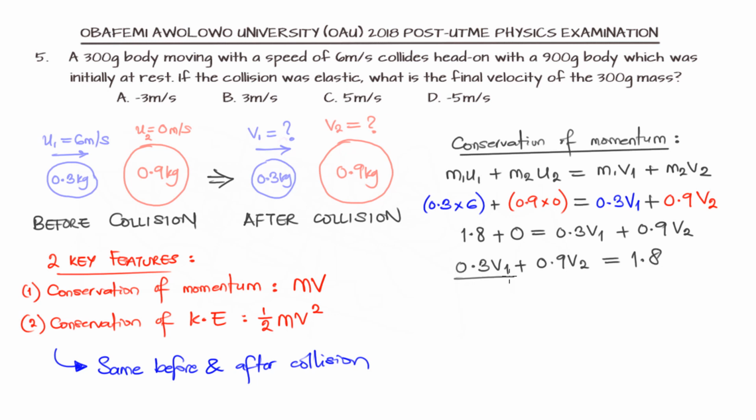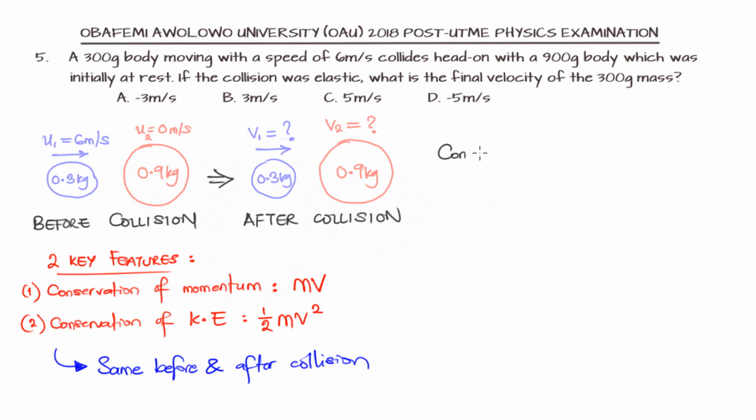Now we can divide through by 0.3 because it's a factor of each term. So we are going to have v1, then 0.3 into 0.9 is 3, so plus 3 v2, is equal to 0.3 into 1.8, which is 6. We can label this as equation 1, from the conservation of momentum.